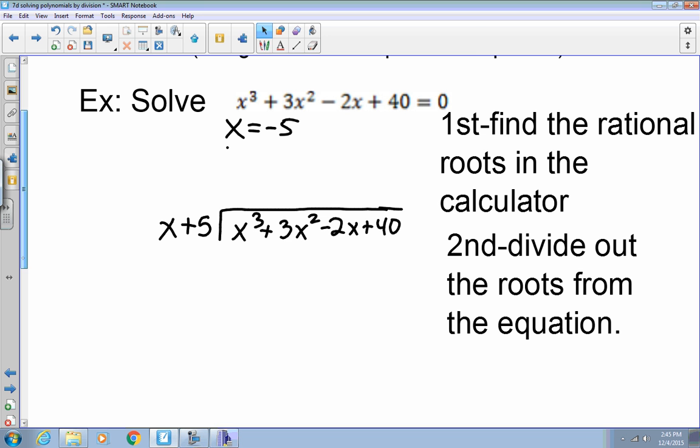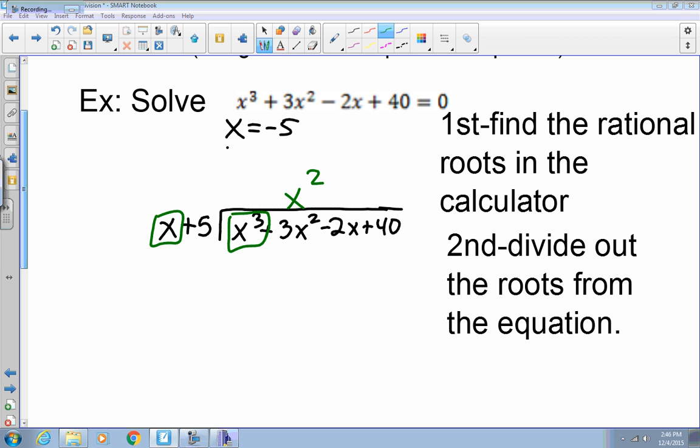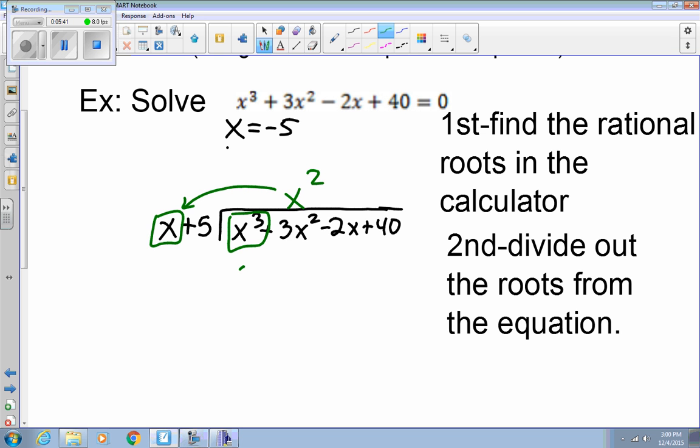From what we just learned, you take the first term and divide by the first term, x squared. Then multiply it out: x squared times x is x to the third, x squared times 5 is 5x squared.